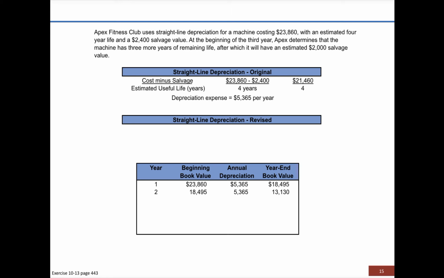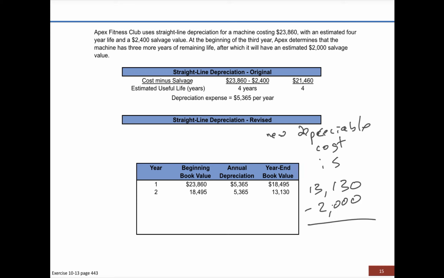So my new depreciable cost is 13,130 minus 2,000. Okay, so current book value minus revised salvage value equals new depreciable cost, and we will just divide that over the new useful life, which is 3 years.